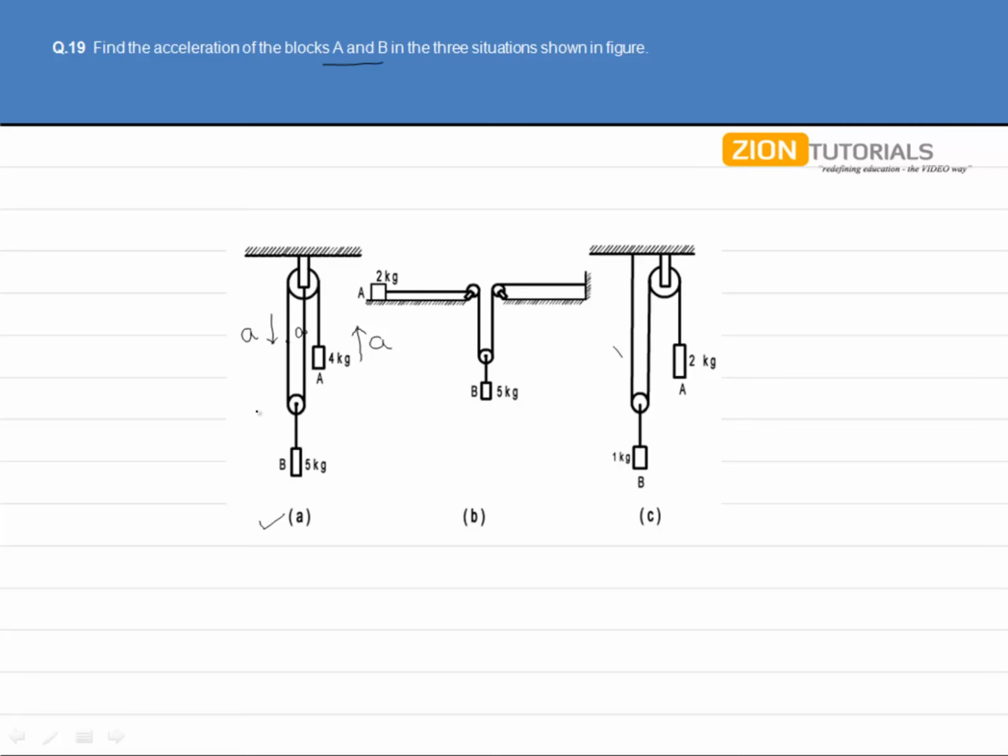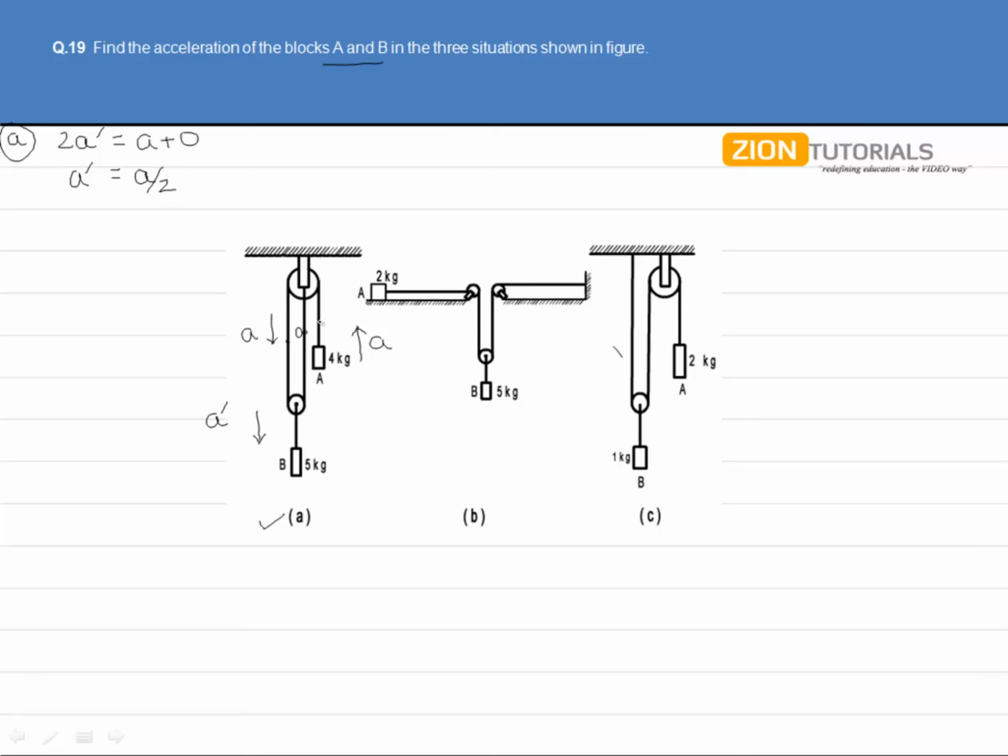And so, if we assume the acceleration of B to be a' in the downward direction, then for the A part of the question we can say that twice of a' is equal to a plus 0. That is, a' equals a by 2.